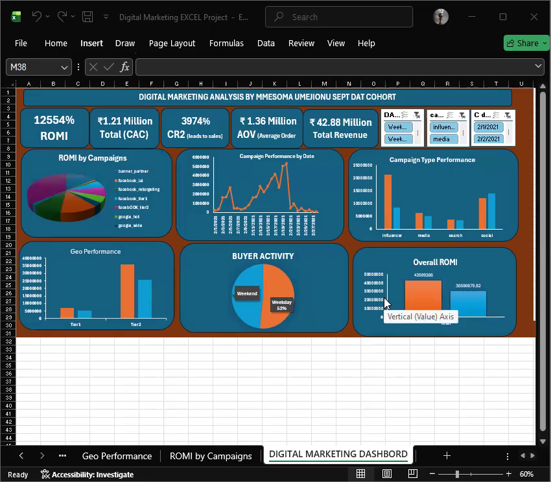And also buyer activity is consistent across weekdays and weekends, with a slightly higher percentage on the weekday. Overall, the marketing strategy demonstrates exceptional efficiency, high profitability, and clear opportunities for scaling high performance channels.